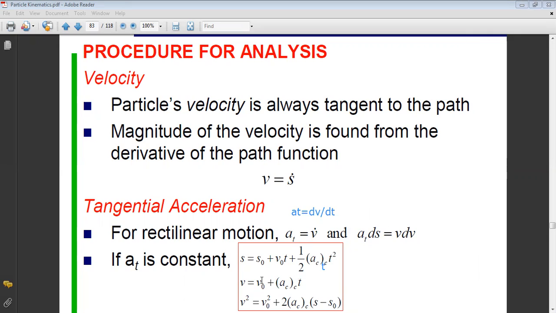If at is constant, we can also use v equals v0 plus at times t, and the relation independent of time, v square final equals v square initial plus 2 at delta s. Never do I use an here, or the total acceleration. I can use these equations only if at is constant. And of course, at ds will be equal to v dv, because at is dv by dt.